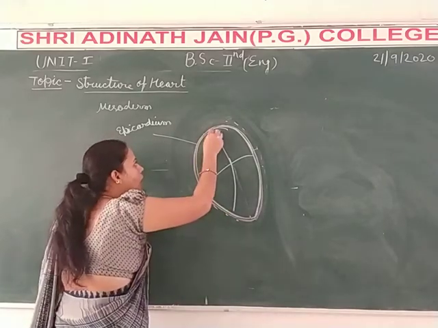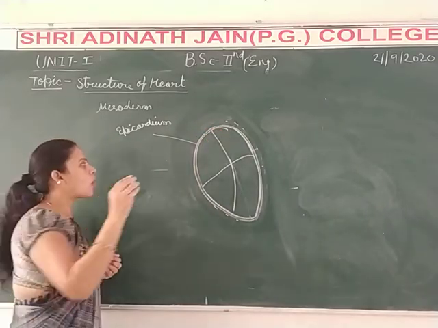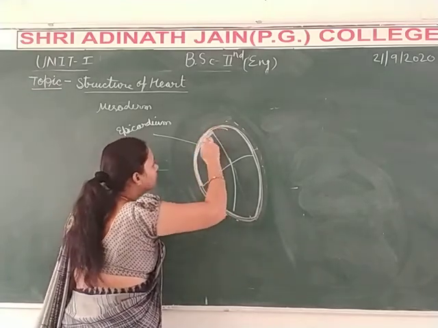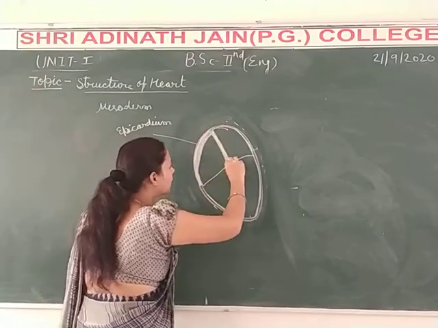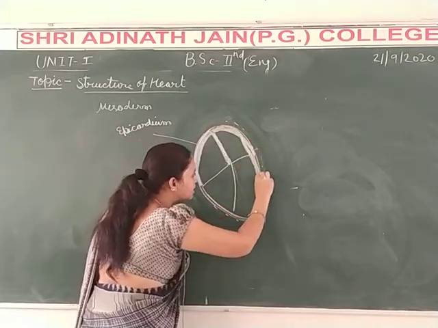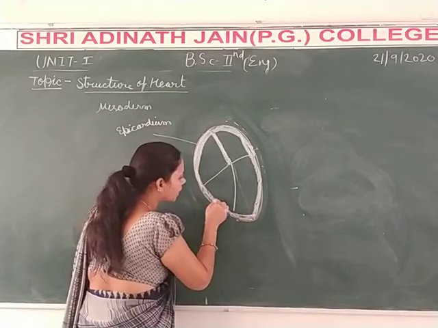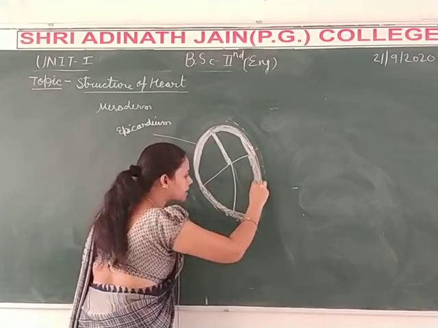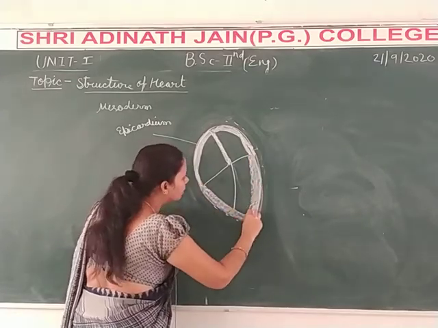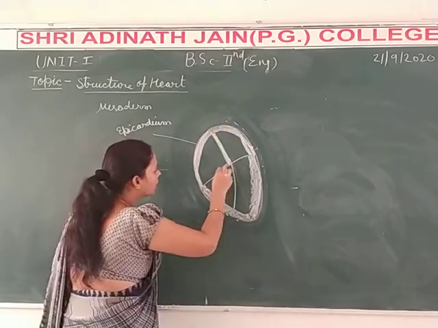Now the wall of heart is having a very thick layer of muscular tissue, and this wall is thicker in the ventricle and thinner in the auricle area.